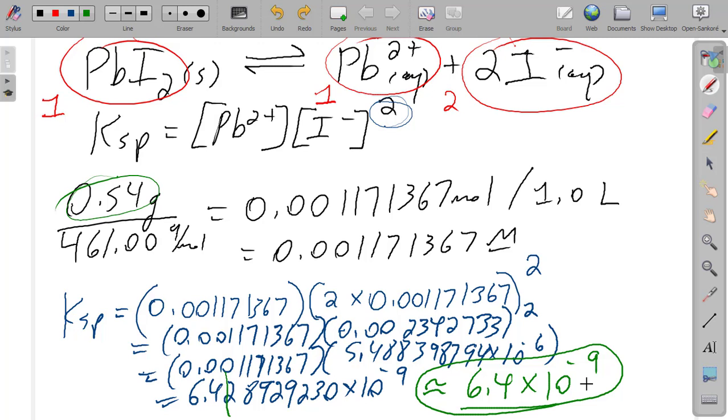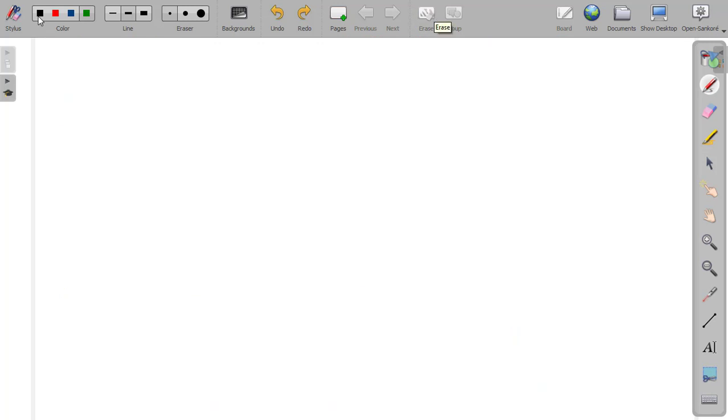All right, so now we can also, instead of calculating the KSP, calculate a concept known as molar solubility, using a known KSP. So clear this out, and we look at problem number 12.